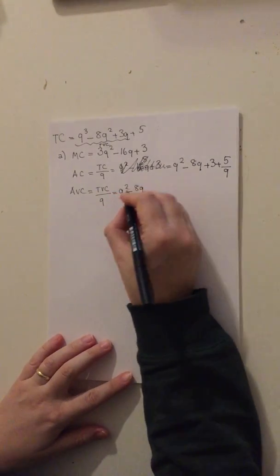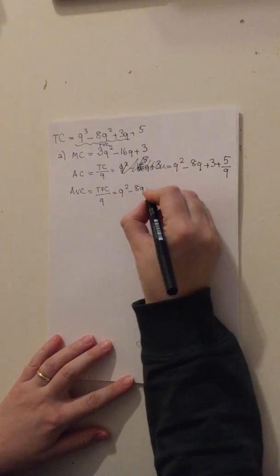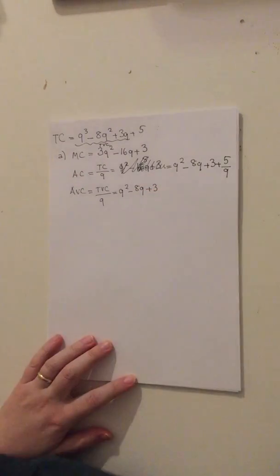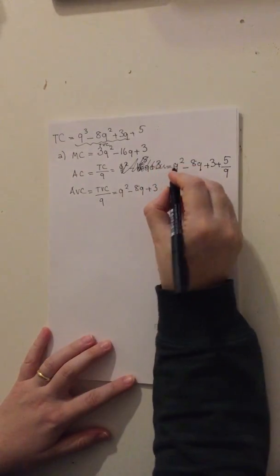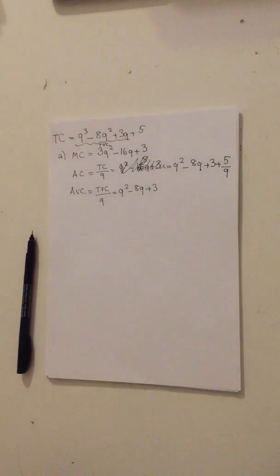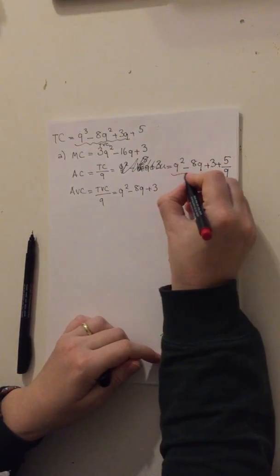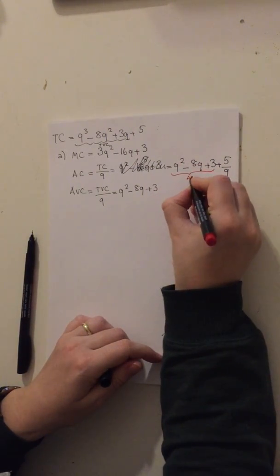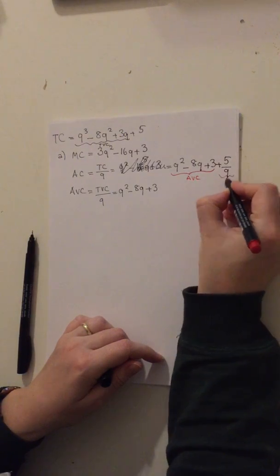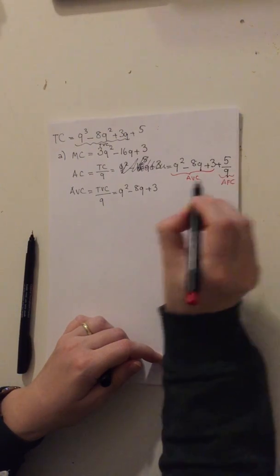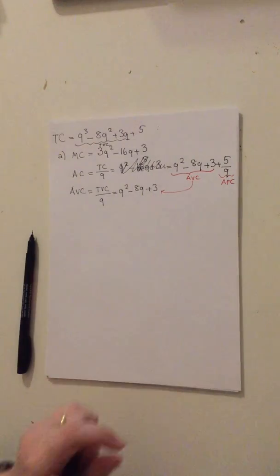So average variable cost is q squared minus 8q plus 30. Please try to see that. That part is average variable cost and that part is average fixed cost.